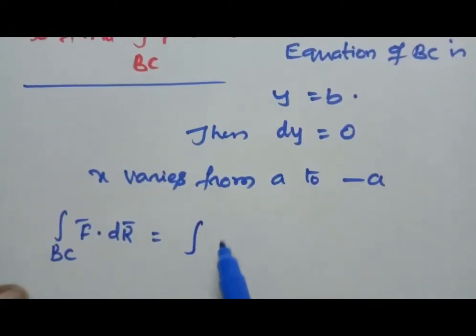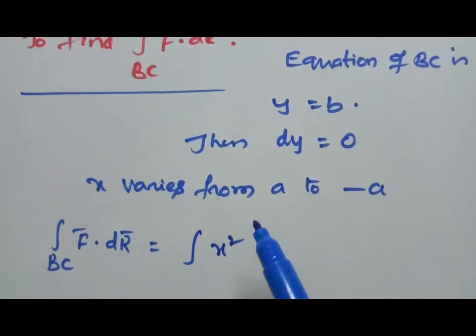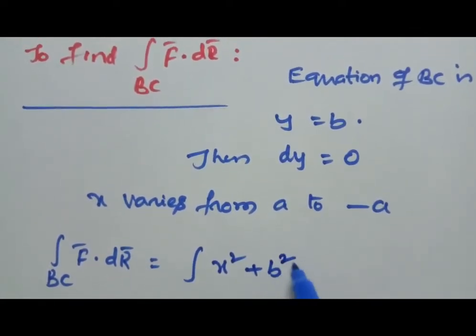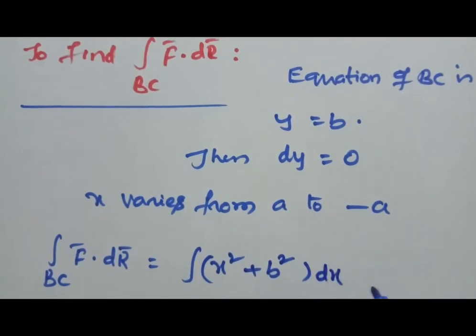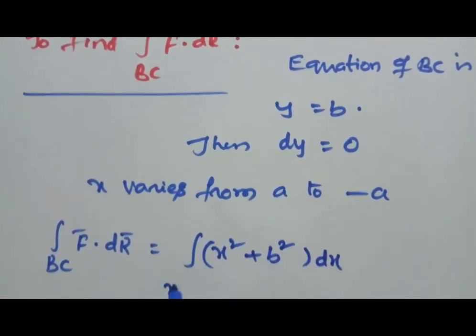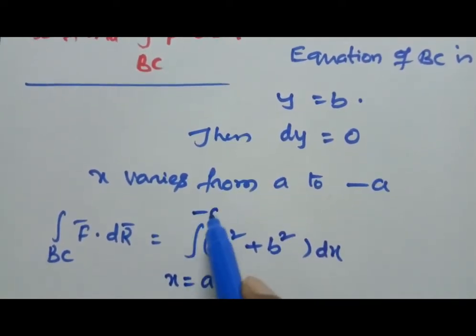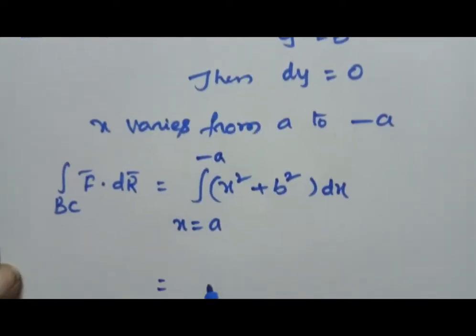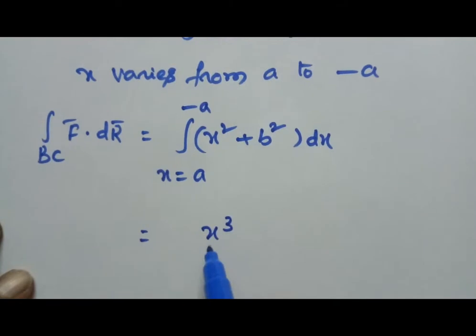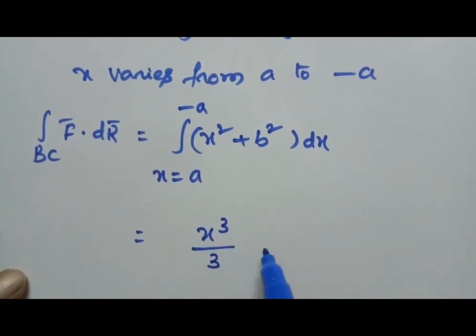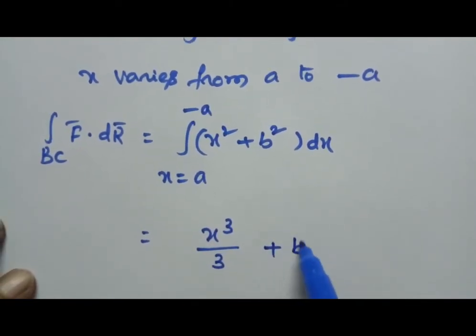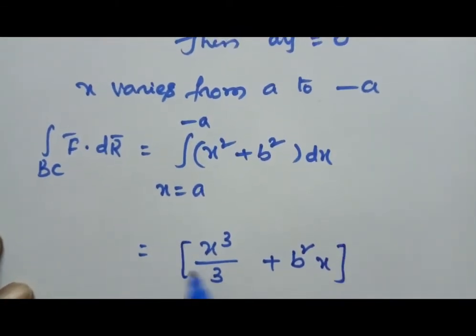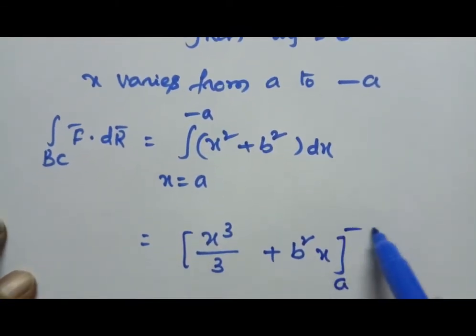Integral of x square plus b square into dx minus 0. X varies from a to minus a. Therefore, this is equal to integration of x square, x cube by 3, plus b square integration of 1 dx, limits a to minus a.